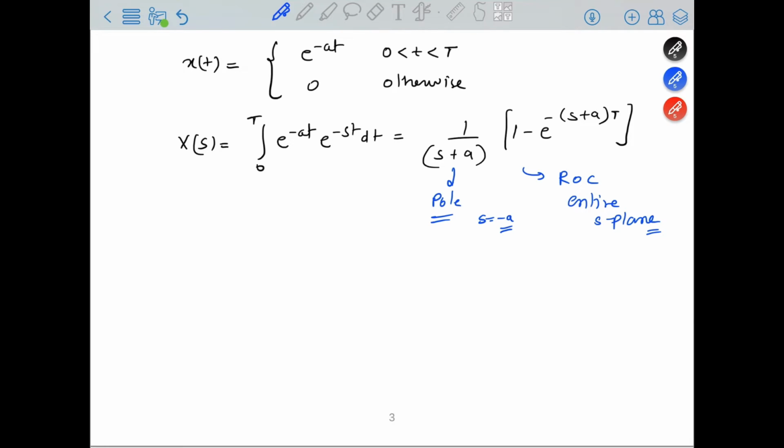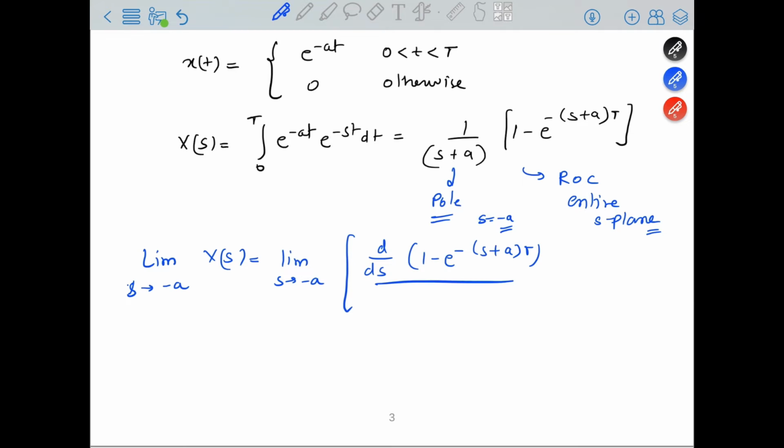So suppose we say the limit of X(s) as s tends to minus a should be equal to the limit as s tends to minus a. So what we'll do, we'll have to take the derivative of both numerator and denominator. So we'll take 1 minus e raised to the power minus (s plus a) T divided by d/ds of (s plus a).